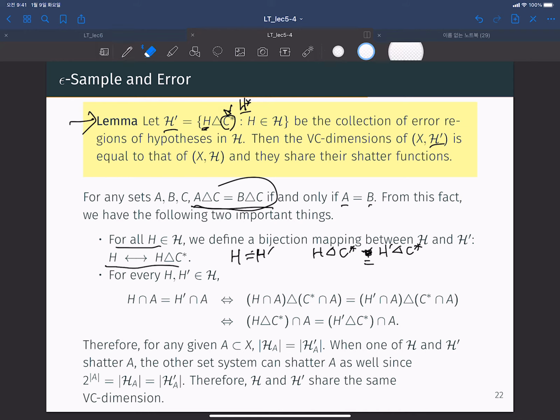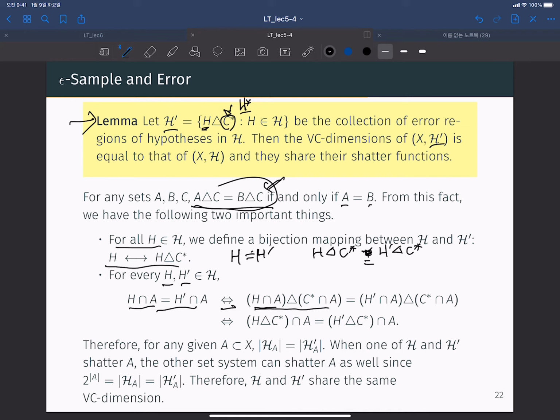The second fact is this. For every H and H prime belonging to our hypothesis class, H intersect A and H prime intersect A are the same if and only if H intersect A set difference C star intersect A equals H prime intersect A set difference C star intersect A. Again, we use this fact.